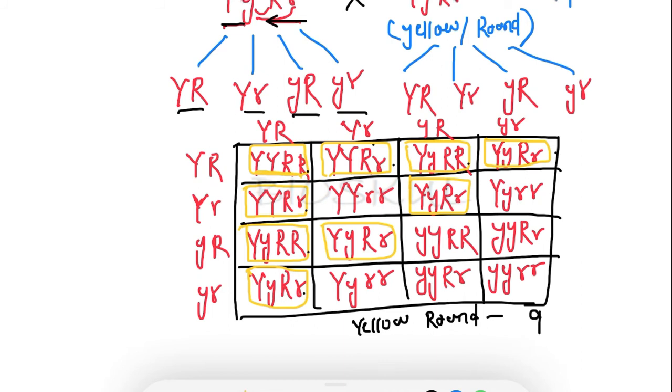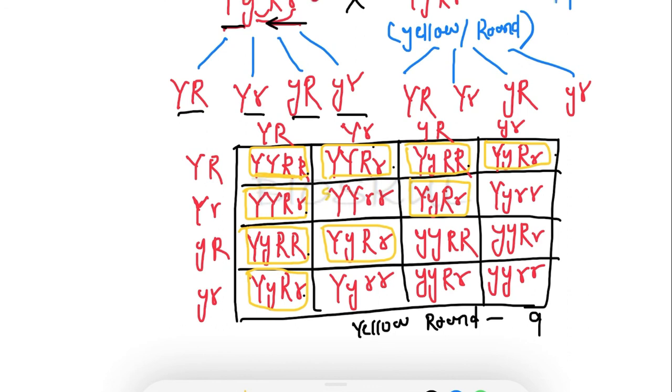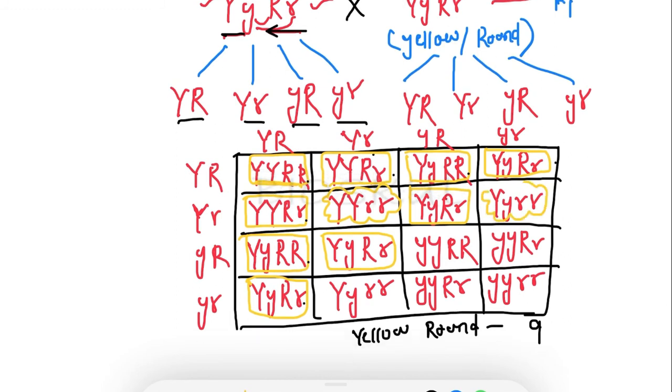Let's go for the others. This is yellow but small r, smaller means wrinkled, so this is yellow and wrinkled. This is also yellow wrinkled, and this one is also yellow and wrinkled. How many yellow wrinkled? It is 3.